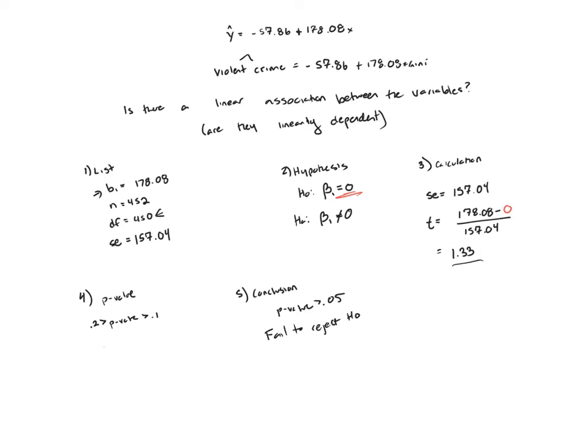What it means when I fail to reject H0 in this case is, as always, I don't have enough evidence, but specifically here, I don't have enough evidence to show that there's a linear association. That is, I can't prove they're linearly dependent, which means for all we know, they might actually be independent. That is, there may be no relationship between the Gini index and violent crime rates in cities in the United States.